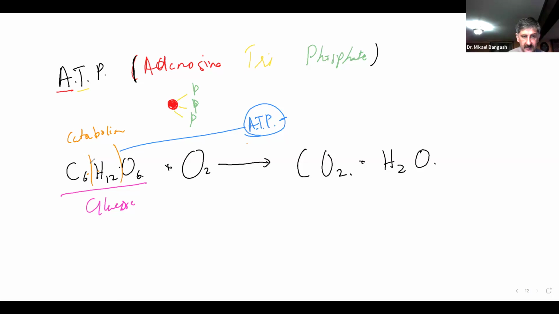This conversion is a long chemical reaction called the citric acid cycle. If you were studying biochemistry at some point, that would be something to study, but we're not going to. So from the catabolism of glucose in the presence of oxygen, the end product we get is ATP.